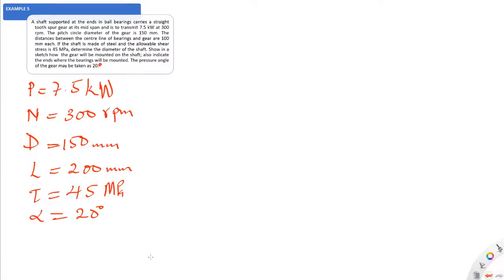With this information, first we need to get the general layout of the shaft. In the question it has been stated that the pitch circle diameter of the gear is 150 millimeters, and the distance between the center line of the bearing and the gear is 100 millimeters each.